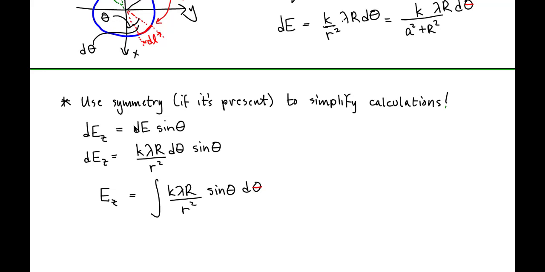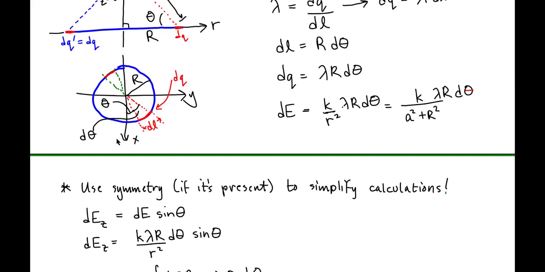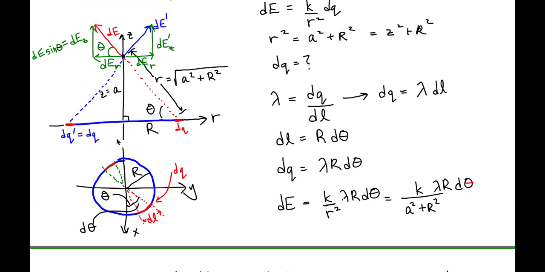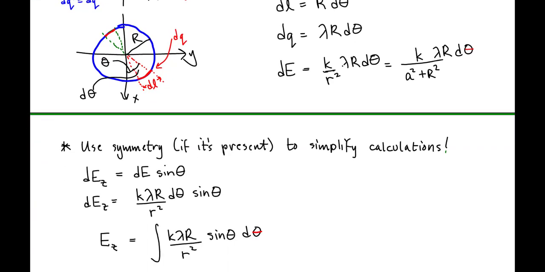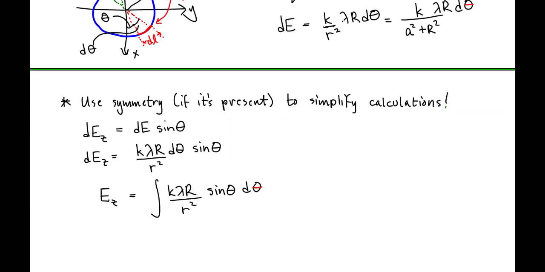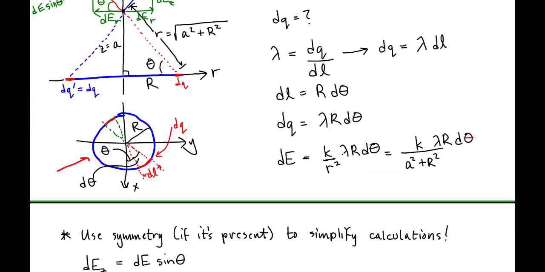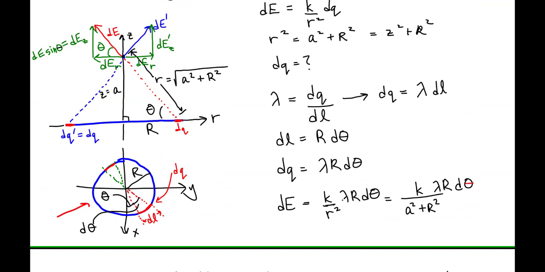Oh, well, I think I'm getting in trouble here because earlier I called theta to be the angle between our radial line and the ring. And then when I introduced this ring from the top-down view, I reused that same angle theta. But the theta that I used for the ring, for the charge element right here, is different than the theta that I used right here.